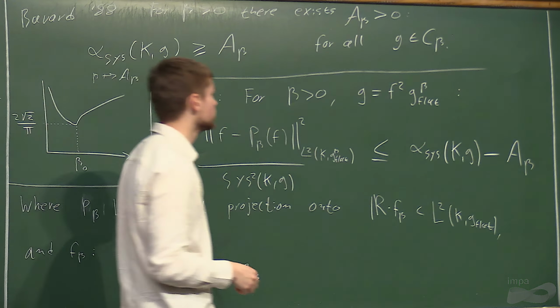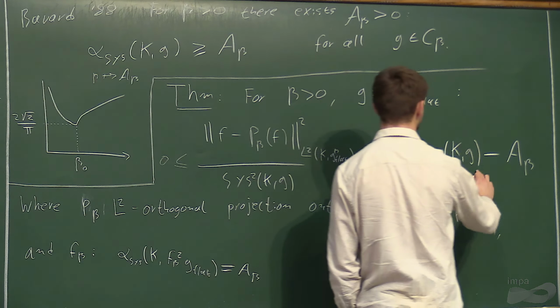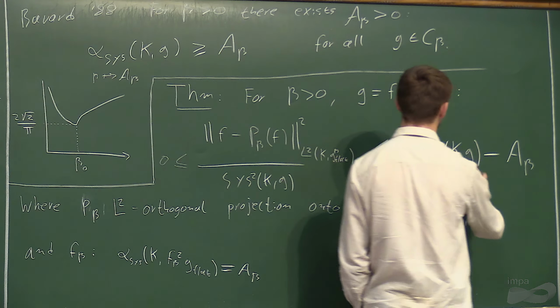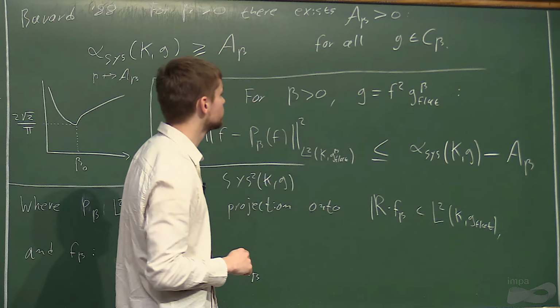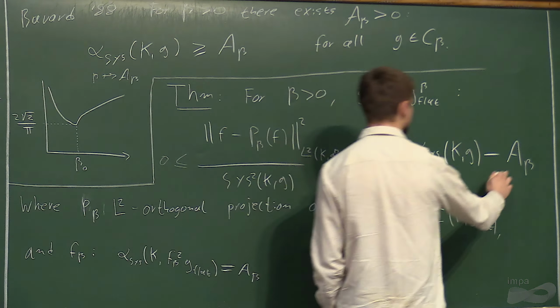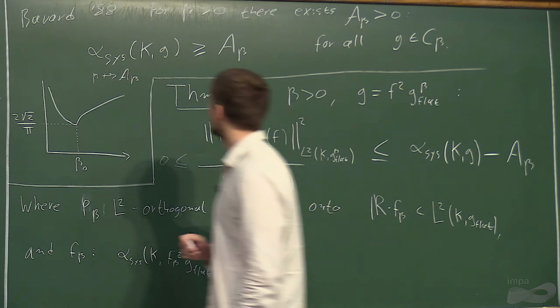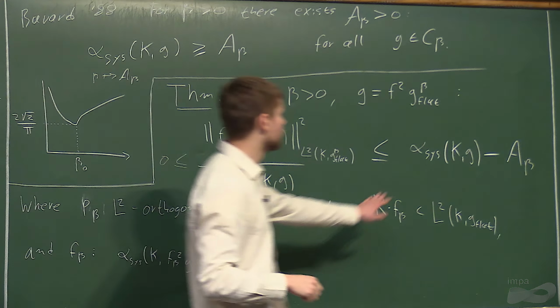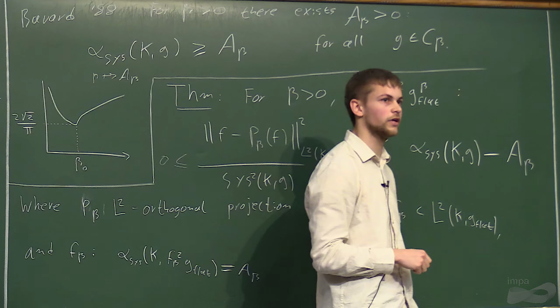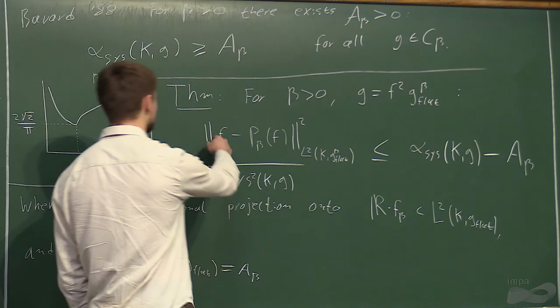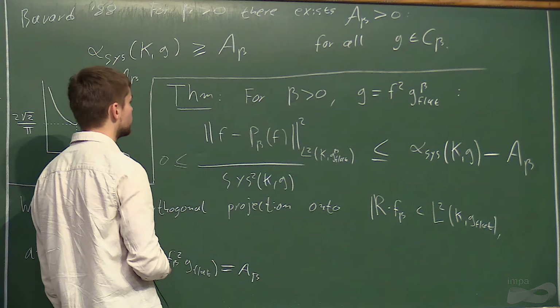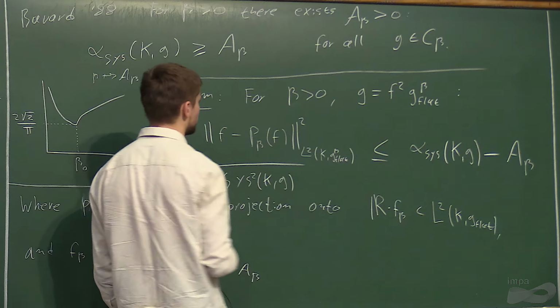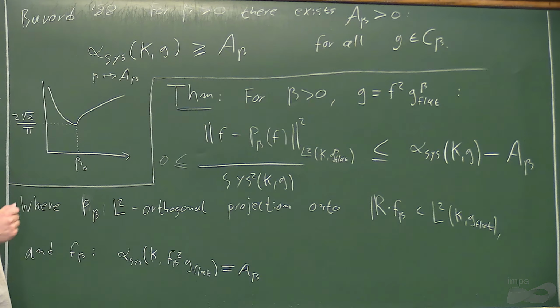So as a consequence we get that this systolic area of the metric G is always bounded from below by this number A beta. And furthermore, we know that if we have a metric in this conformal class such that the systolic area is close to the optimal systolic area, then we can say that this conformal factor f has to be close in this L2 sense to the optimal conformal factor.